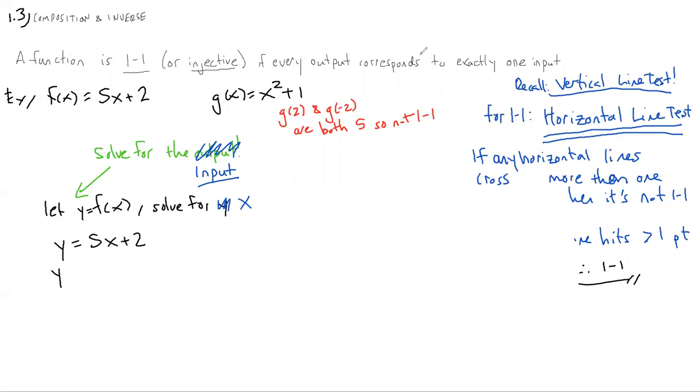So just use algebra, move things around. y minus 2 equals 5x. So that's going to give us x is y minus 2 divided by 5. What we can see here is that this is a function. So x is a function of y.